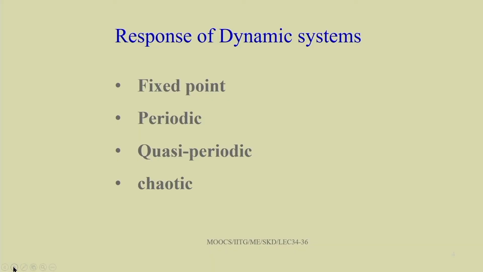In case of forced vibration, we can have the frequency response plot and the force response plots for different system parameters. Given a system, by taking different system parameters, we can have different responses. Out of all these responses, we are more familiar with the fixed point response. Today, we are going to study the periodic, quasi-periodic and chaotic responses of the system.